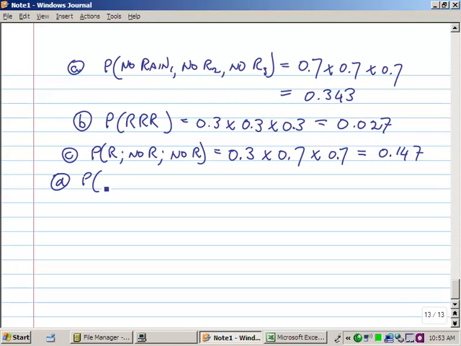Alright, probability of one rainy day in 3. Now we have not been specified the order, right? We don't know if the rain is on the first day or the second or the third. So we do it with the number of ways times the probability of one way.